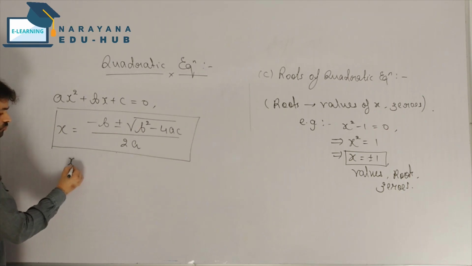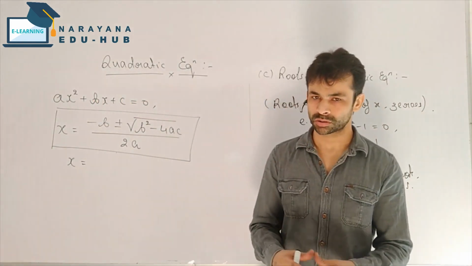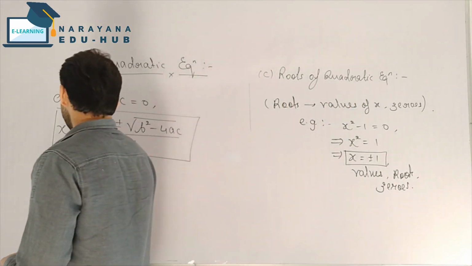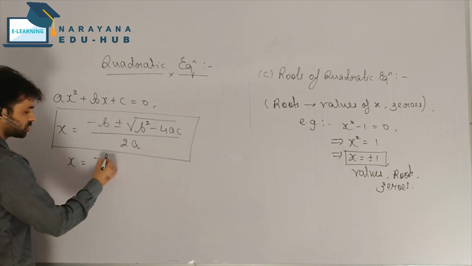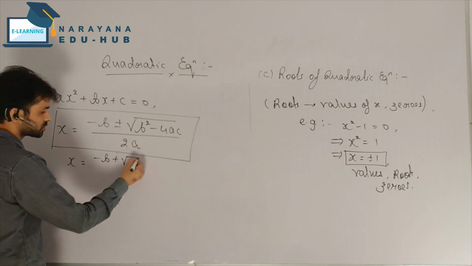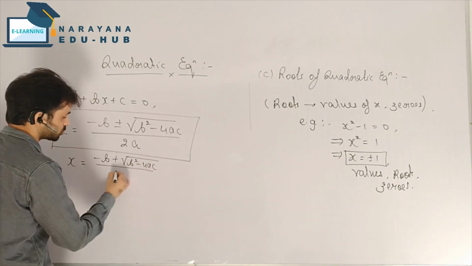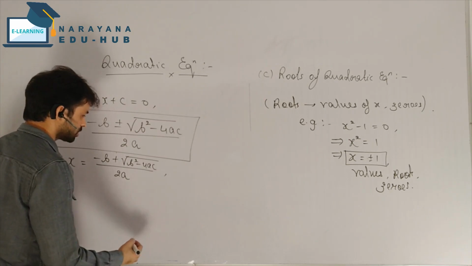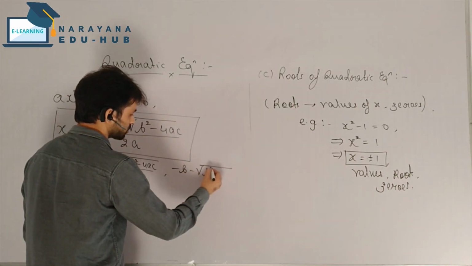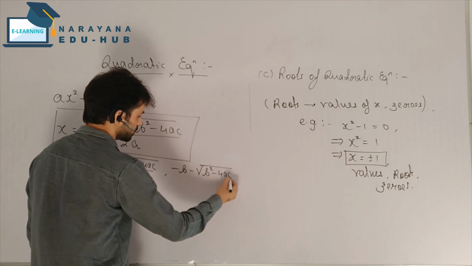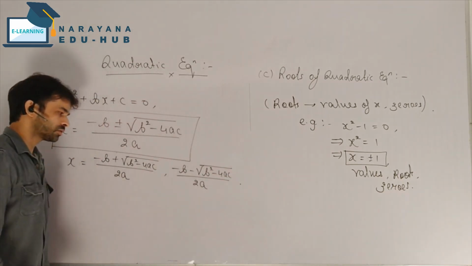These two are the values of x. You have a quadratic, so obviously you will have two roots. One is minus b plus the square root of b square minus 4ac, by 2a. The other is minus b minus the square root of b square minus 4ac, by 2a.